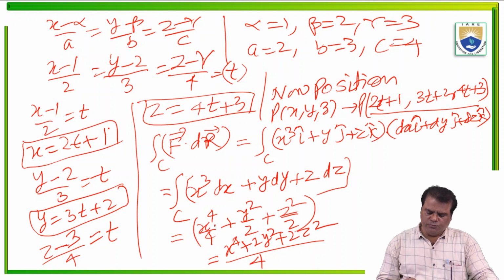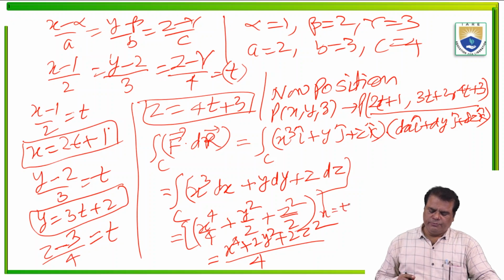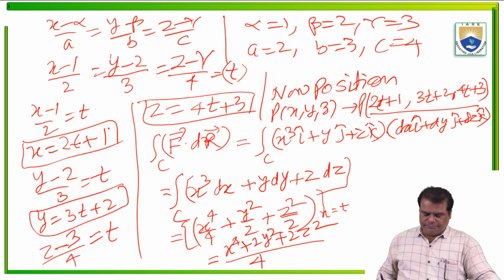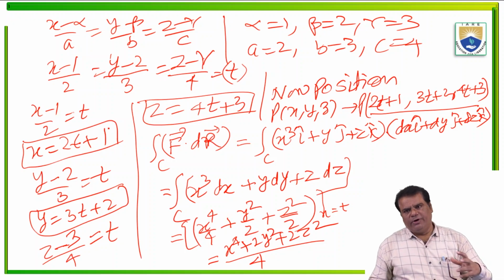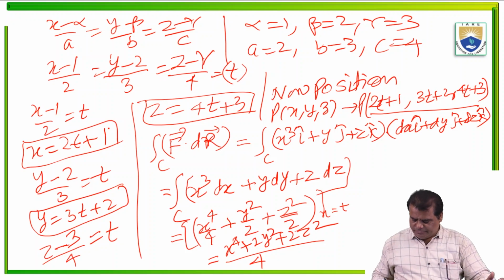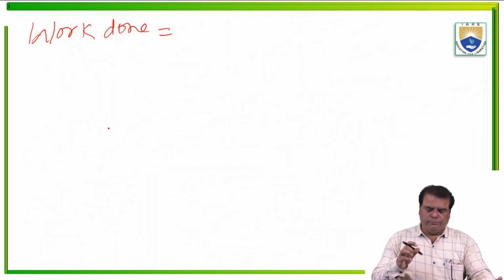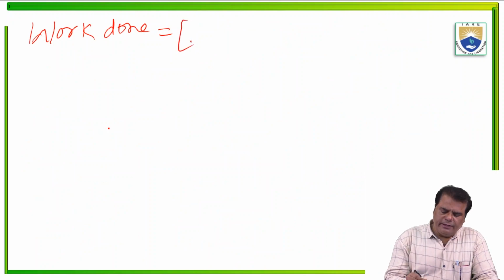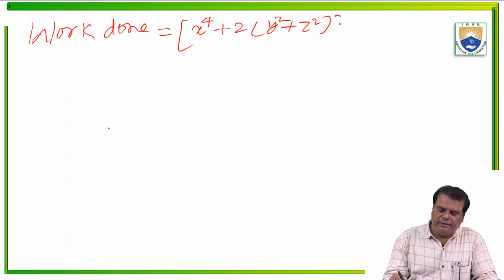Putting x as some value of t, y as some value of t and z as some value of t, with t going from 0 to 1, the work done is x to the power 4 plus y to the power 4 plus z to the power 4, upon 4.